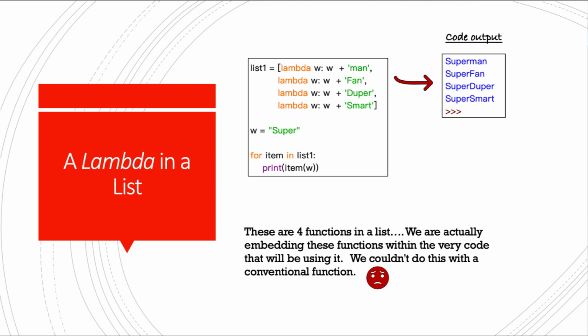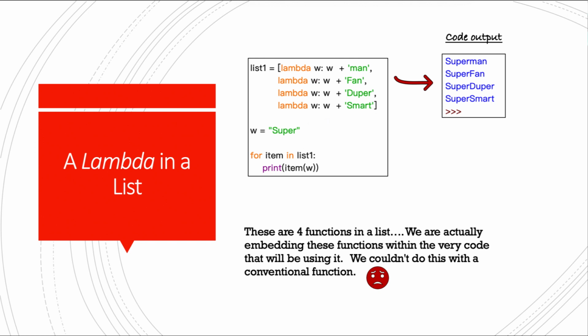Okay, and here we have a lambda inside a list. In fact, we have 4 lambda expressions as elements of a list. We wouldn't be able to do this with a conventional function, obviously. So what do we have here? We have lambda w, then we have w plus the string man, same thing plus fan, same thing plus duper, same thing plus smart. Then we have defined w here as super, another string.